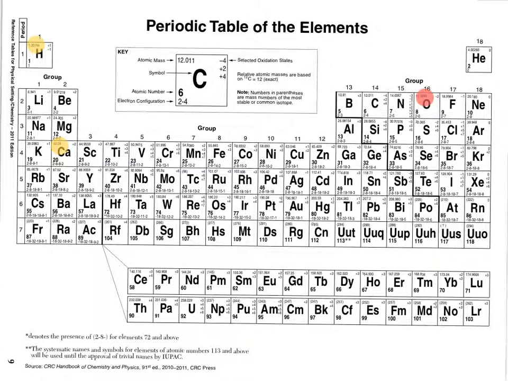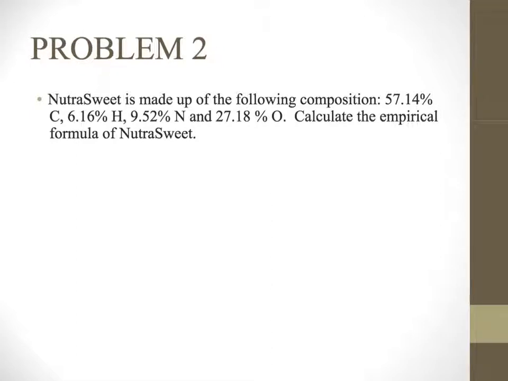We know that hydrogen has a molar mass of 1. This problem gives us our composition in percentage instead of gram. Since these compositions add up to be 100%, we can automatically translate them to equal to gram.